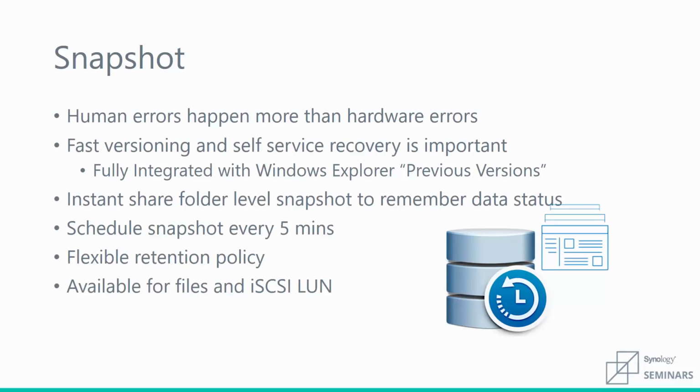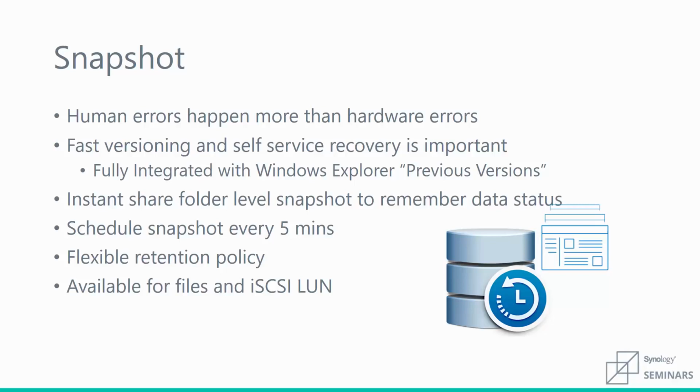As many of us already know, human errors are far more common than hardware errors. And because of this, fast versioning and self-service recovery is extremely important. Snapshots are fully integrated with Windows Explorer, so your end users can easily restore files themselves. You're able to take an instant shared folder level snapshot that fully remembers the data status.